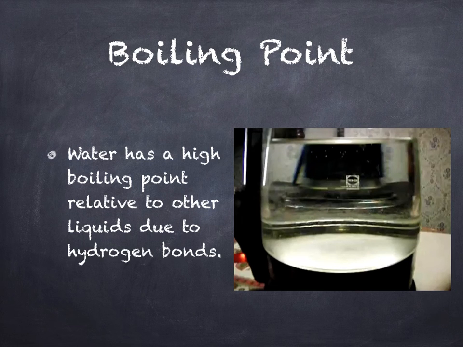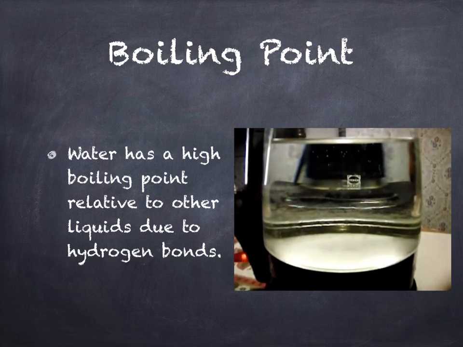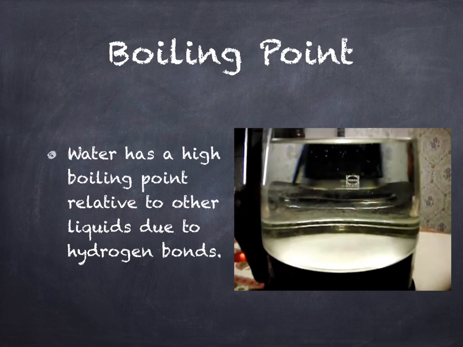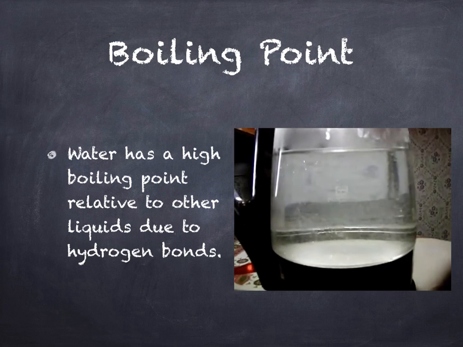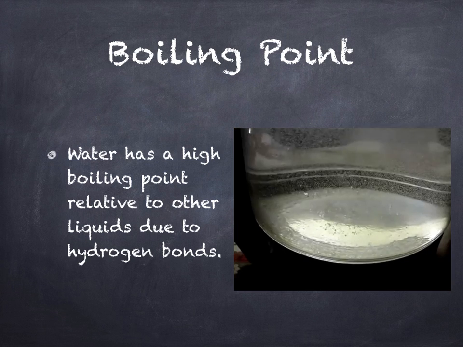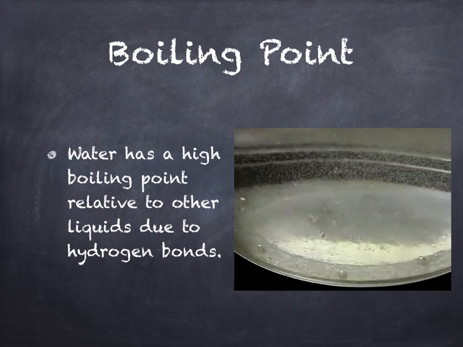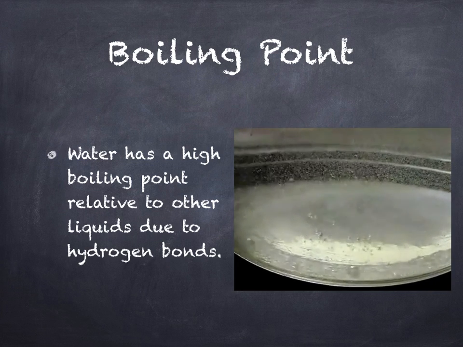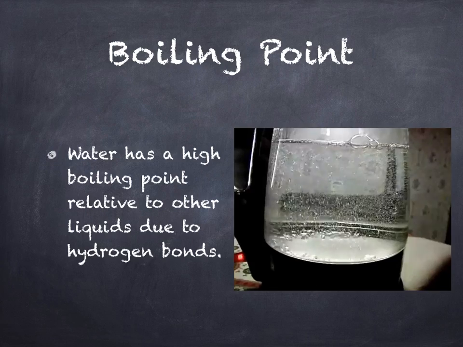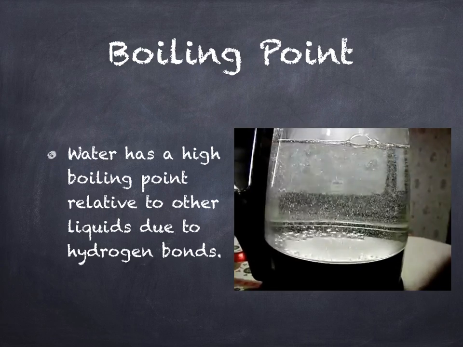Water has a high boiling point relative to other liquids, and it's all due to hydrogen bonding. Hydrogen bonding is something that's really unique to water. It's also seen in other liquids, but it's very common in water. Water is probably the textbook substance for hydrogen bonding.